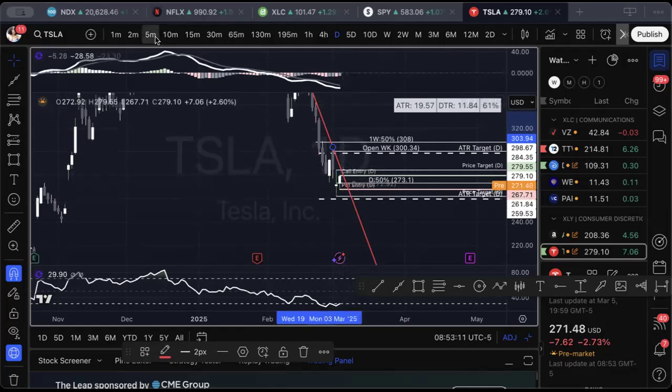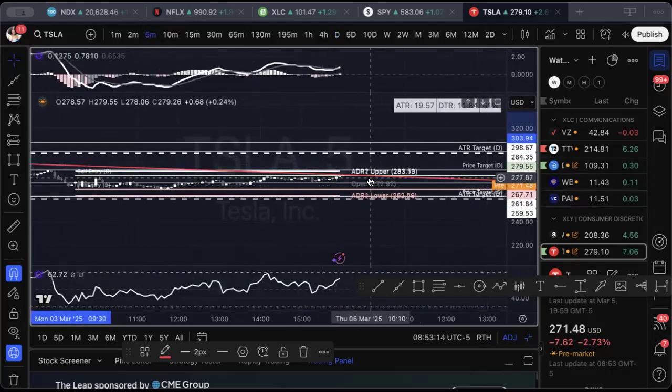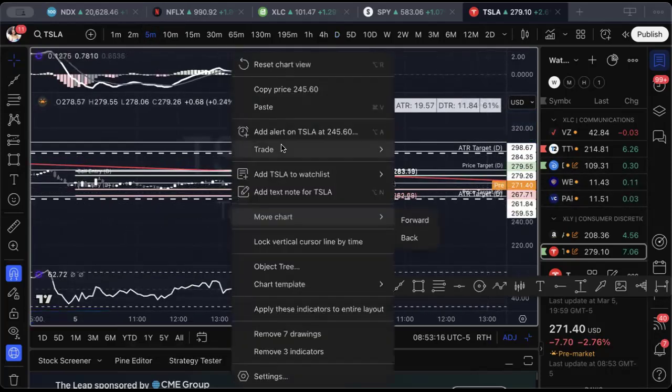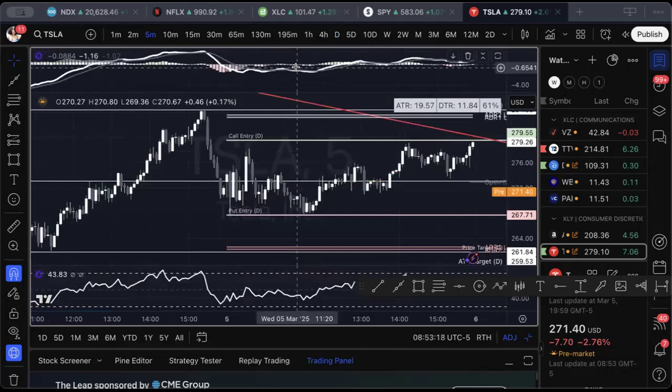When it breaks out of a level to the upside or the downside, I am looking for market structure. If you do not understand what market structure is, I do have a video to help you understand what that looks like. But to make it very simple, when it comes to an uptrend, you want a series of higher highs and higher lows. And for the downside, you want lower highs and lower lows. Again, I do have a video on my channel to help you understand that.